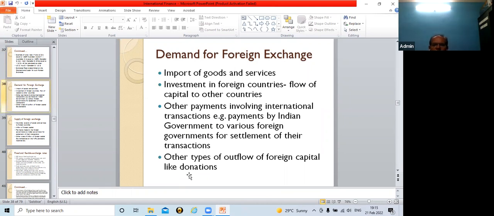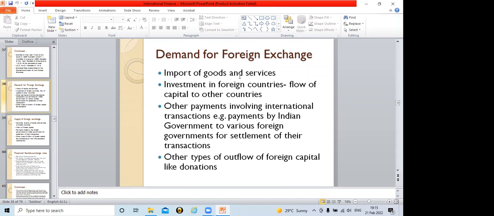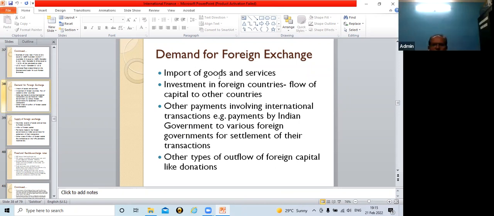Demand for foreign exchange, that is import of goods and services, that is how much goods and services are being imported. When we do import, what happens, foreign currency comes or goes at the time of importing?